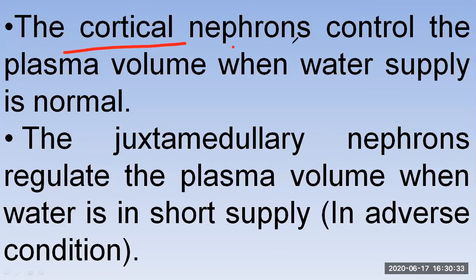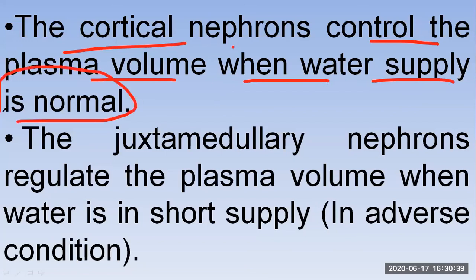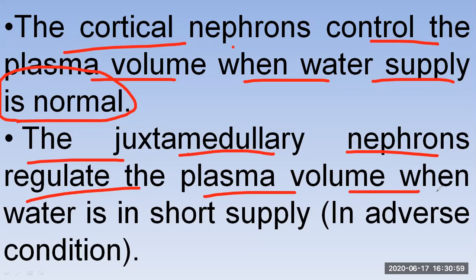Now, the cortical nephron controls the plasma volume when water supply is normal. It means cortical nephrons are generally active when the water supply is normal, and you know very well it is present in maximum quantity, 80 to 85%. And the juxtamedullary nephrons regulate the plasma volume when water is in short supply.